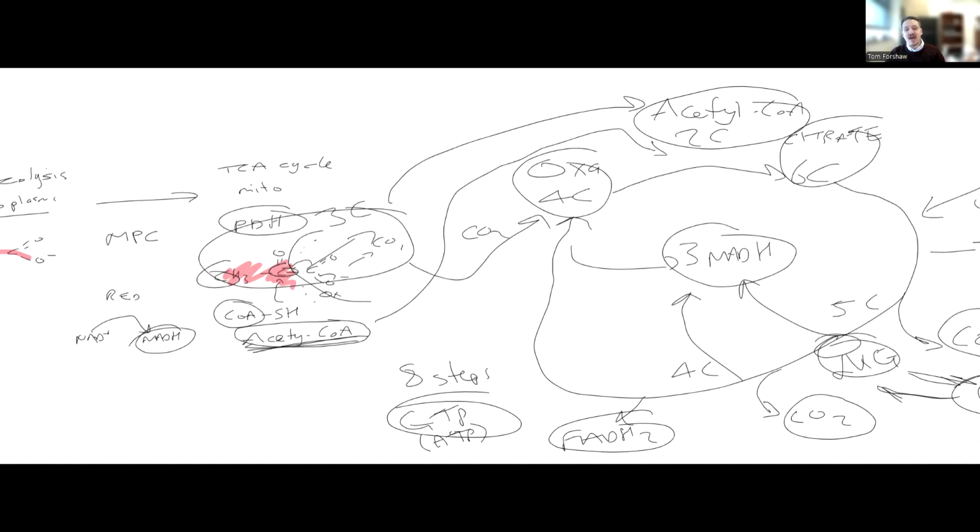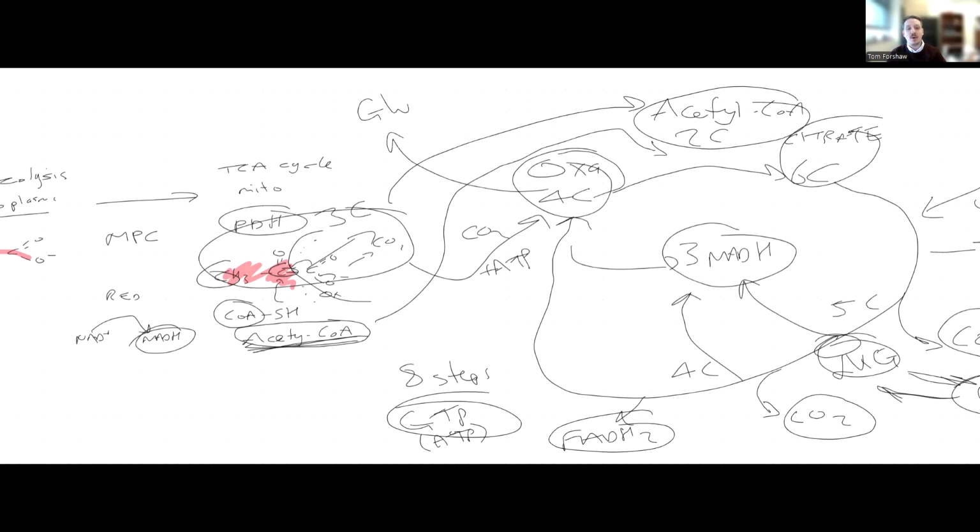Now, the reasons for that are something that we're going to get into in more detail in the next series of lectures when we talk about gluconeogenesis. And this is a reaction that actually requires ATP. So it's an energy-consuming reaction to generate oxaloacetate. But sometimes it is necessary to restore metabolites to the TCA cycle. But more importantly, it's important to go from pyruvate back to glucose.